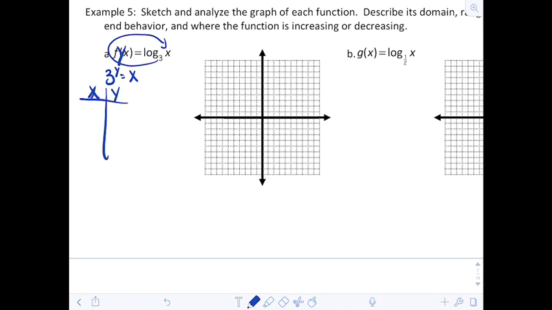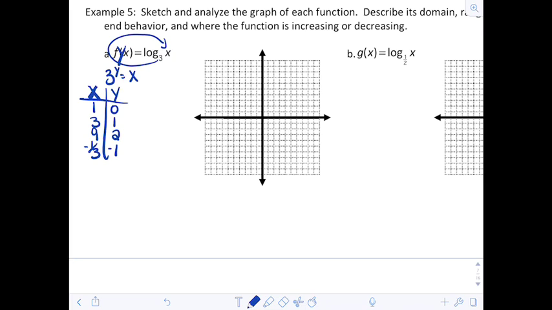So now, here's what's different about this and what some people don't like to do. I actually pick values for y. I'm going to pick values like 0, 1, 2, and -1. So when I raise 3 to the 0 power, x is 1. 3 to the first is 3. 3 to the second is 9. And 3 to the -1 is 1/3.